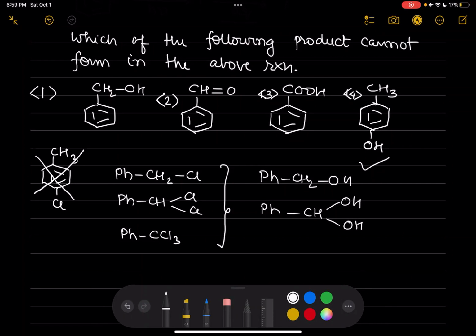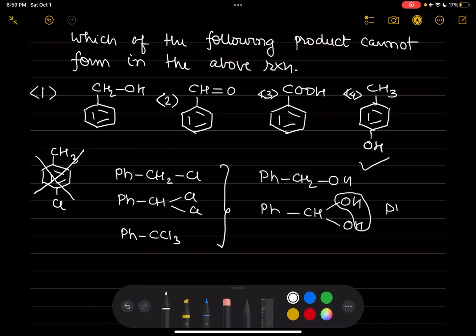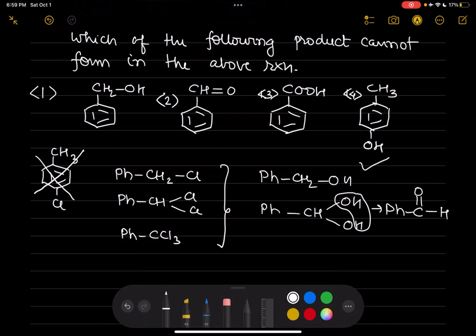Remember? So this is unstable, so it removes water. It forms benzaldehyde. So the second option is the correct one.